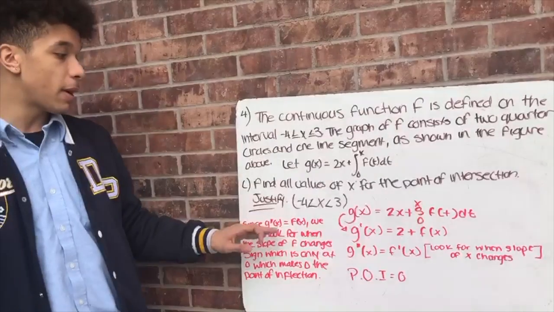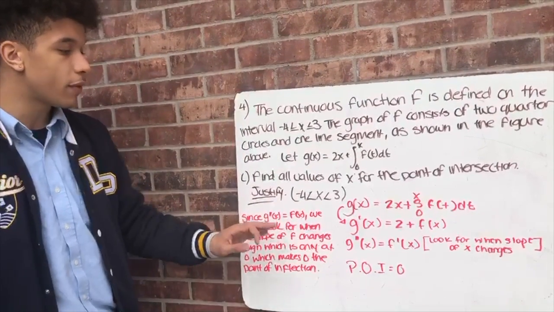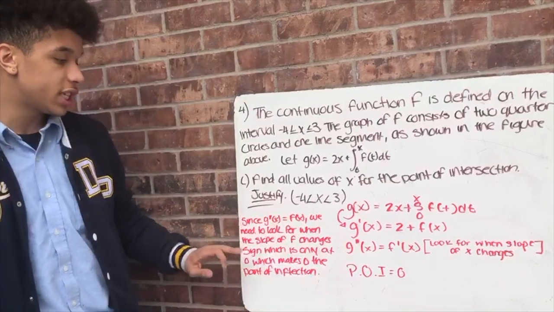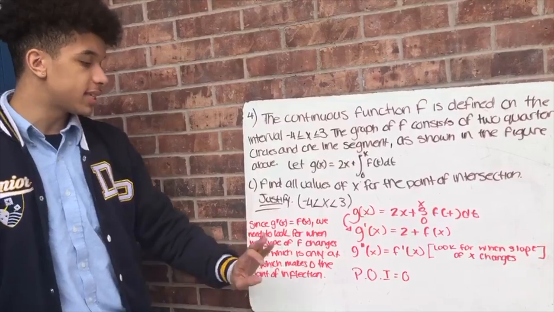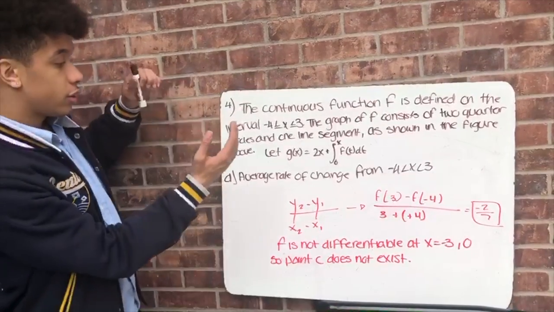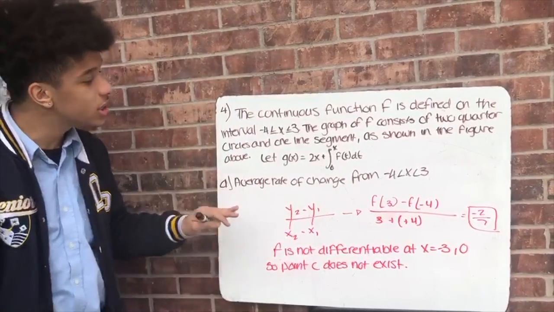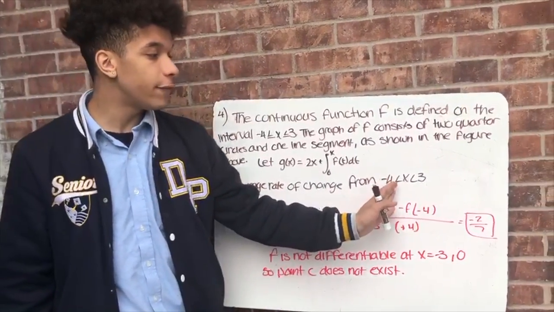Since g prime of x is equivalent to f of x, we need to look for when the slope of f changes, which is only at 0, which makes 0 the point of inflection, sorry.